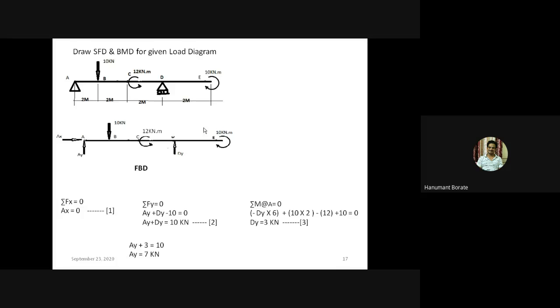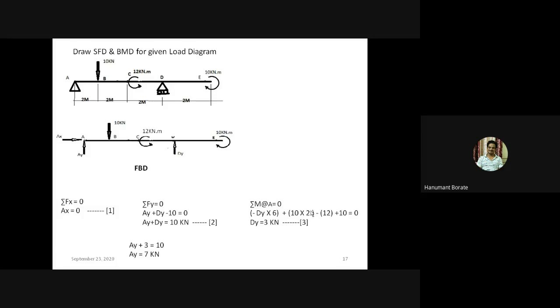Now here, moment about point A. The moment of the Dy force about A is anticlockwise, and this Dy force into distance is 6 meter, so I have written minus here. Now this 10 kilonewton meter and 12 kilonewton meter are direct concentrated moments.